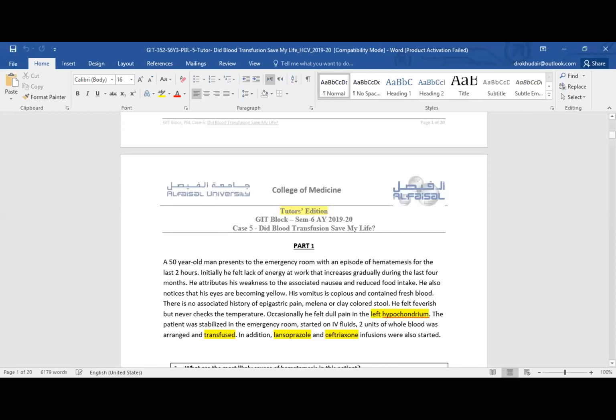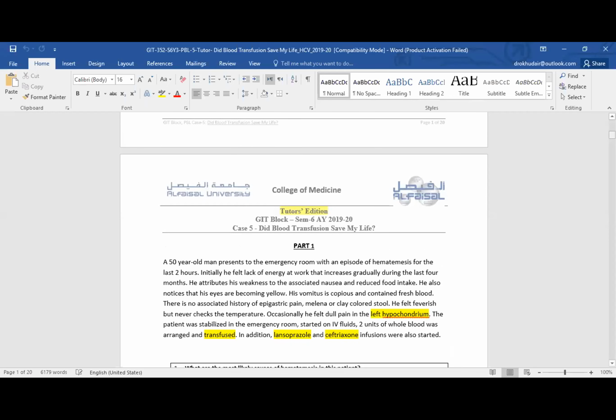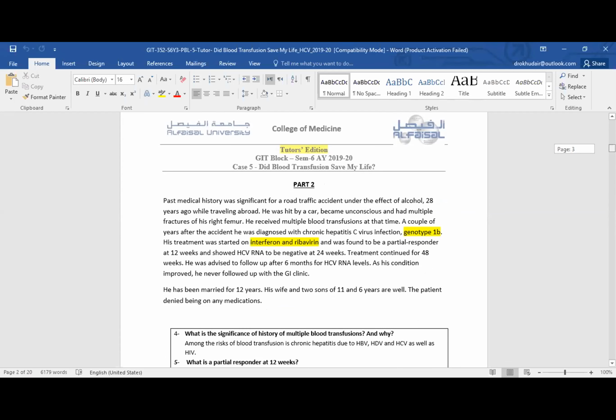I have it here. I'm gonna share my screen. I'm gonna share the case. Can you see the case with me right now? Part 1, you mean? The second part. All right.